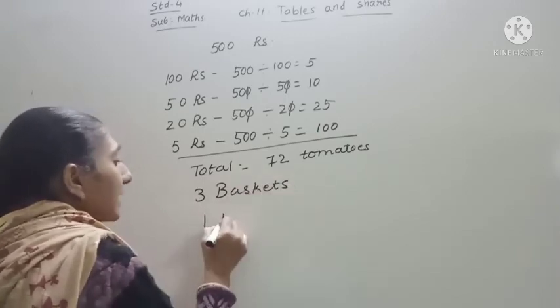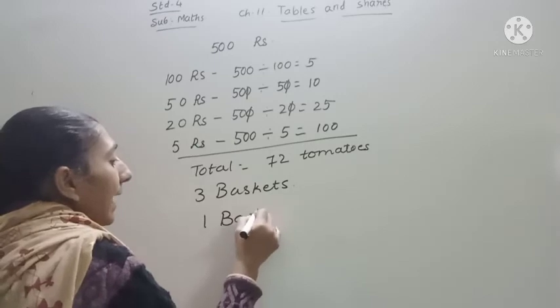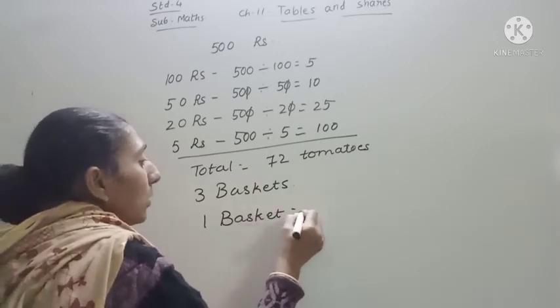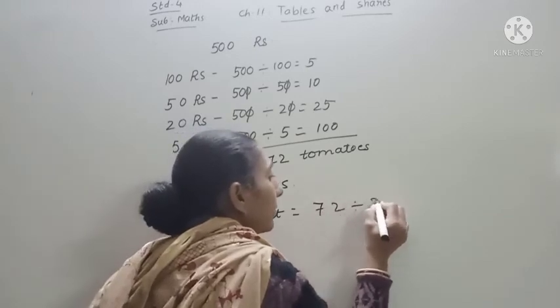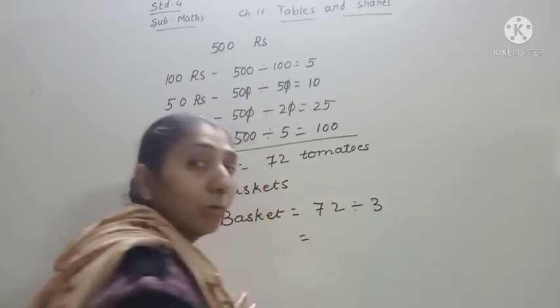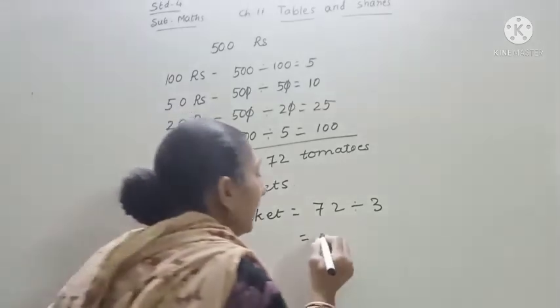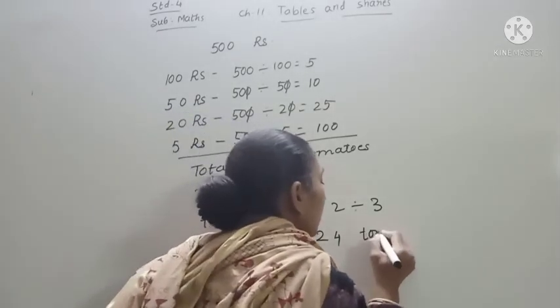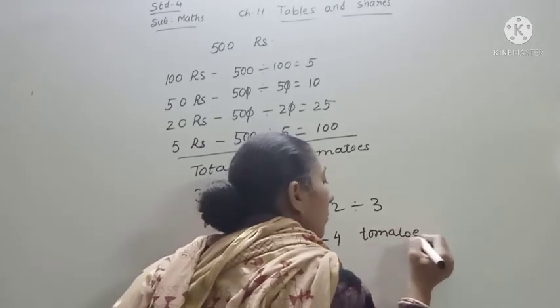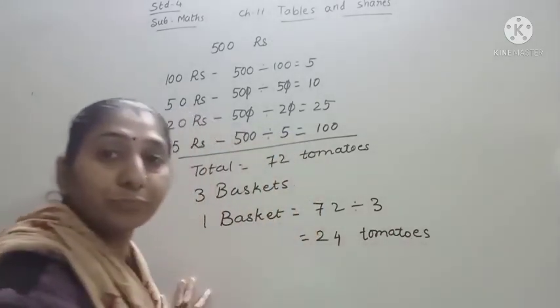So how much will one basket carry? One basket is equal to 72 divided by 3 is equal to 24. 24 tomatoes in one basket.